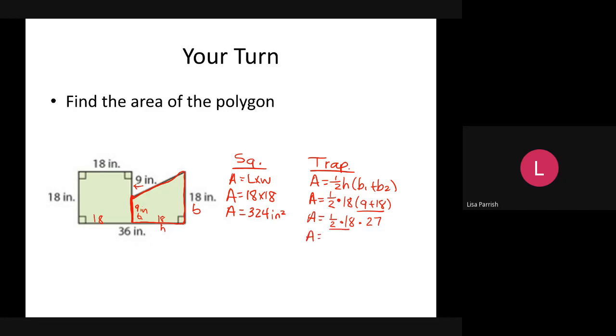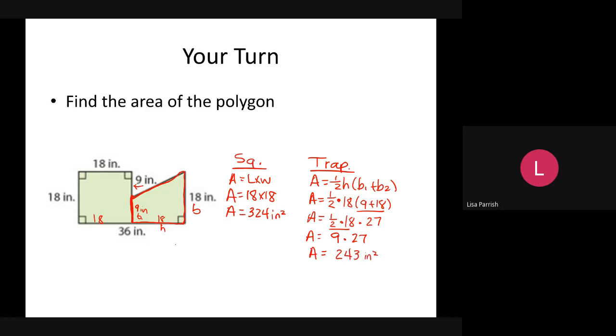Half of 18. I told my kids, if you can do it in your head, half of 18 is 9. If you can't, you would say 18 divided by 2. Anytime you take half of something, you just divide it by 2. So now I'm down to 9 times 27. Type that into your calculator. And you get 243 inches squared.